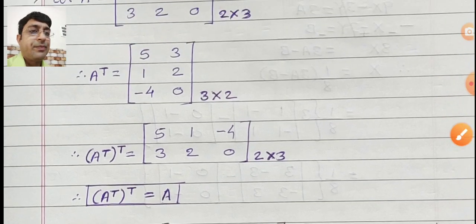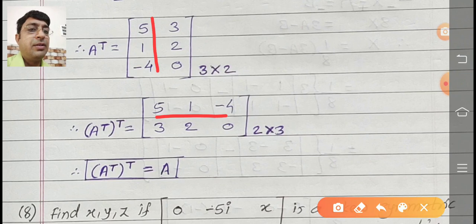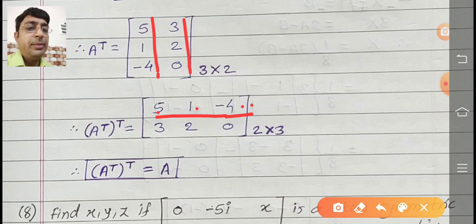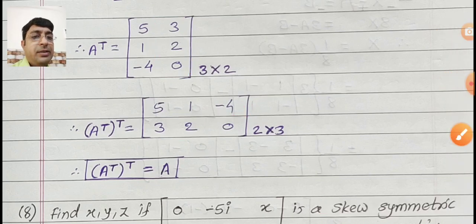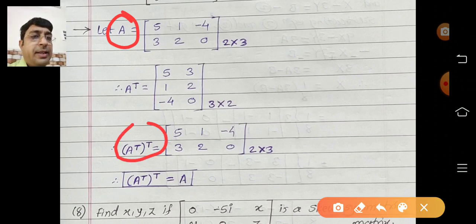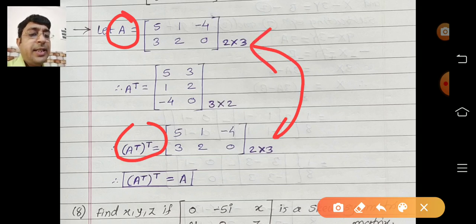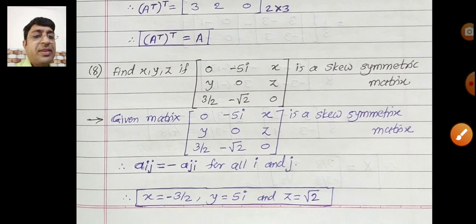Now see that, your first column interchange to the first row, that is 5 1 minus 4, and second column interchange to the second row 3 2 0, and compare the original matrix A and 2 time transpose of the matrix A. These two answers are same, that's why verified. So 2 time transpose of original matrix is equal to matrix A.